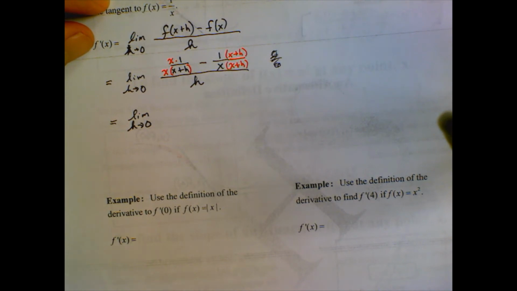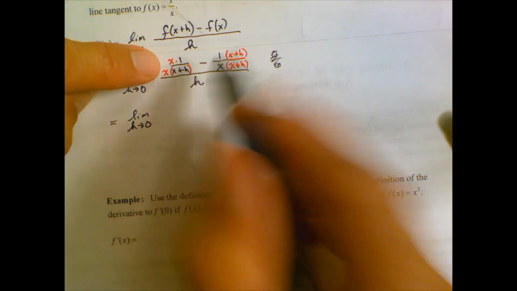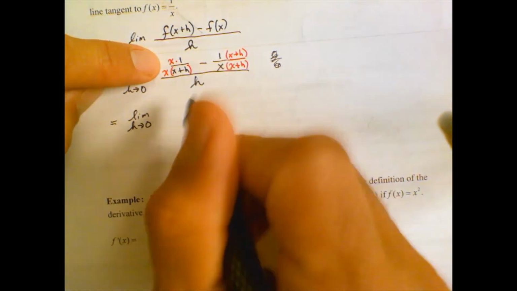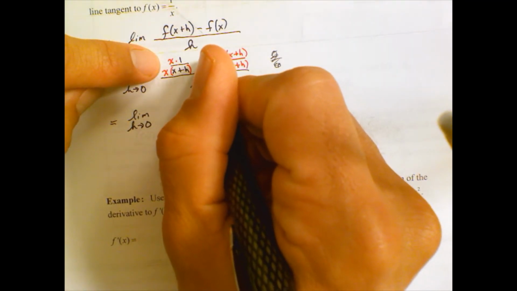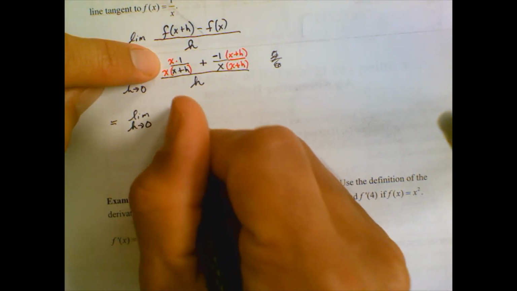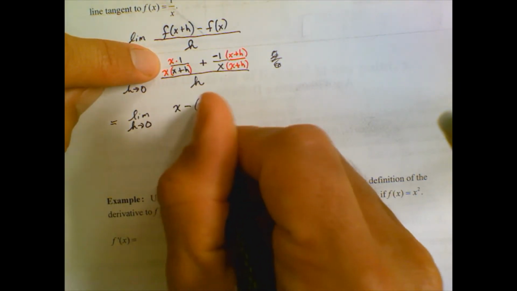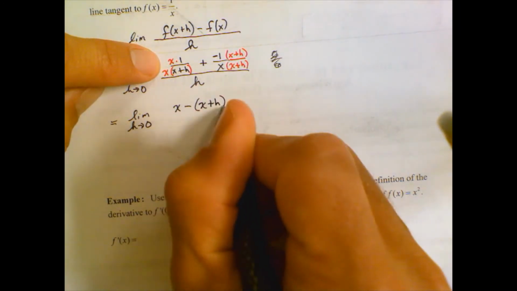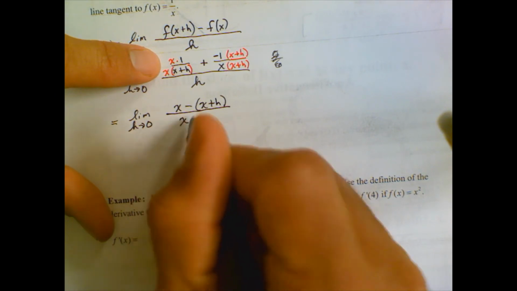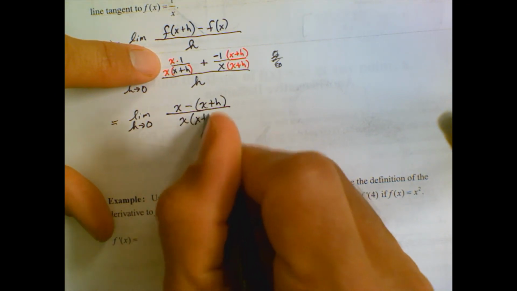This is going to be x minus 1. Let me see. No, it'll be x. Let's go ahead and make this a plus negative 1. Okay, so x minus parentheses x plus h all over x parentheses x plus h.